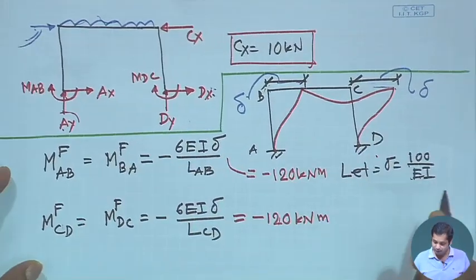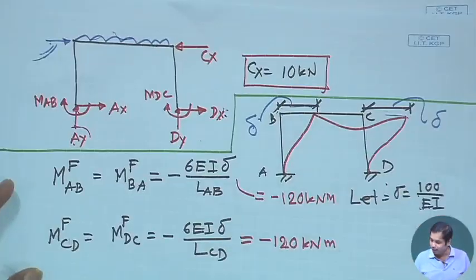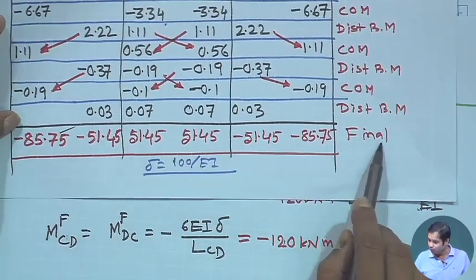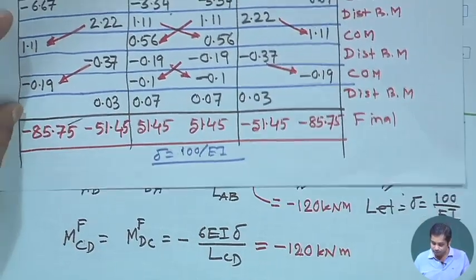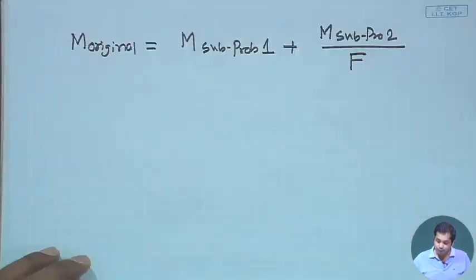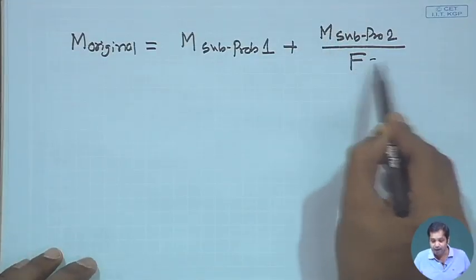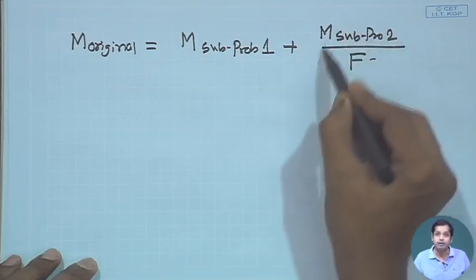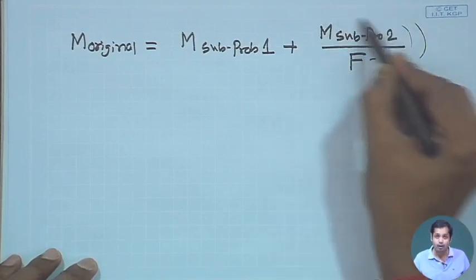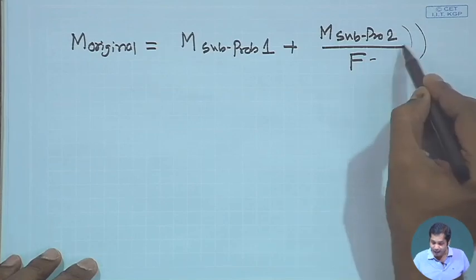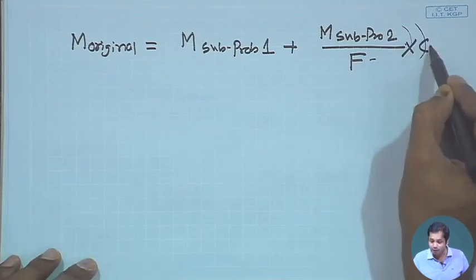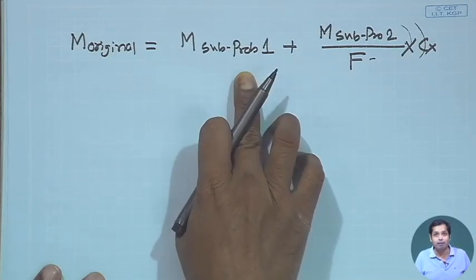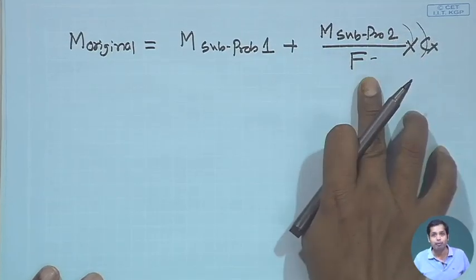Okay. Now, the moments that you get are because of the force F. And if we apply unit force, this will be the total moment, but the actual reaction you have is Cx. Okay. So, total moment in original will be moment in subproblem 1 plus moment in subproblem 2 by F into Cx.